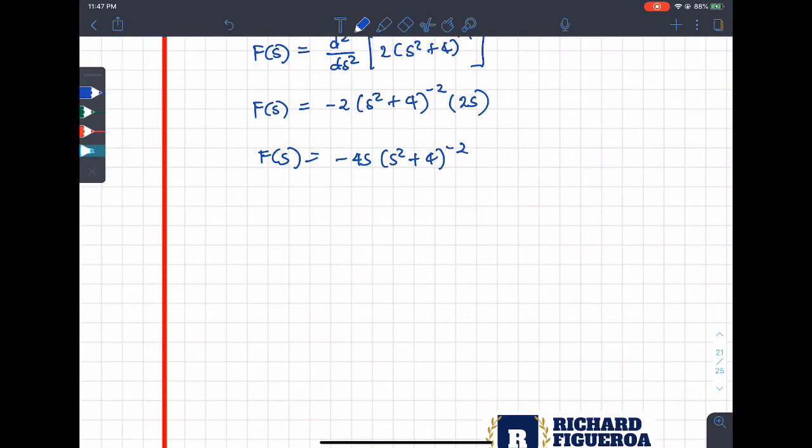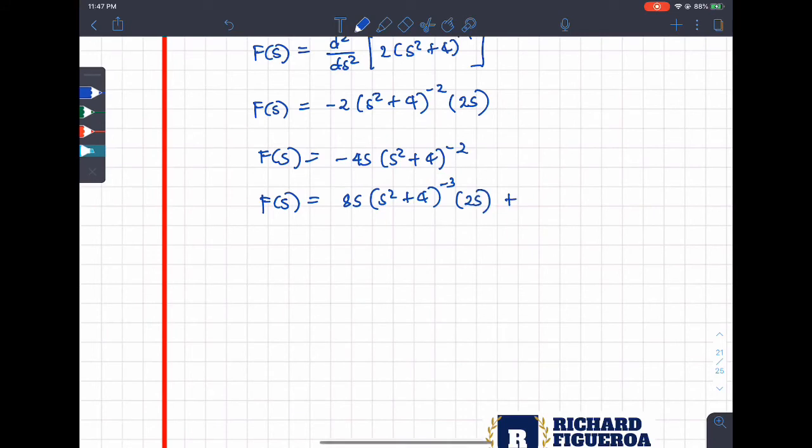And for our second derivative, F of s then would be negative 2, so we'll have 8s times s squared plus 4 raised to negative 3. However, we still have the derivative of s squared, which is 2s.